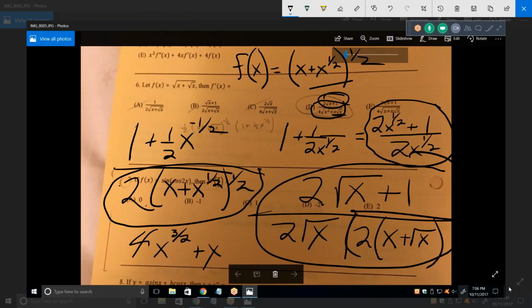Yeah, that denominator that we're looking at in answer D is what I have, I believe. In other words, it's 4 times the square root of x squared plus x times the square root of x.